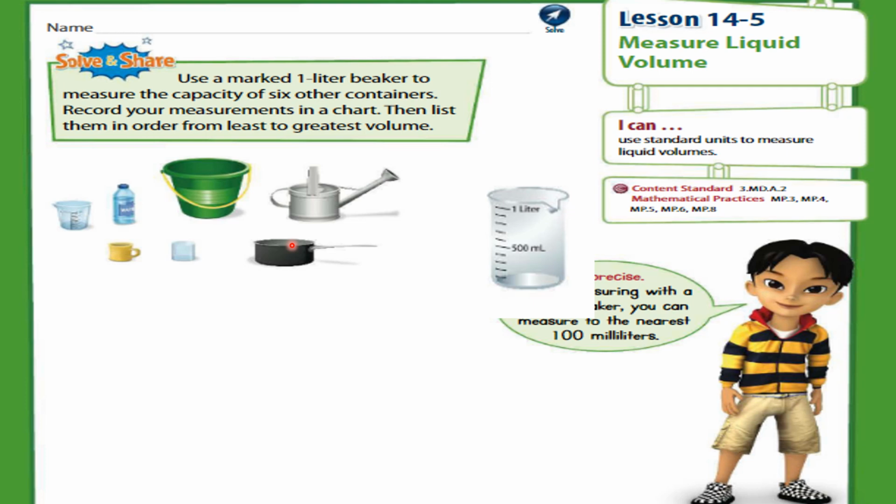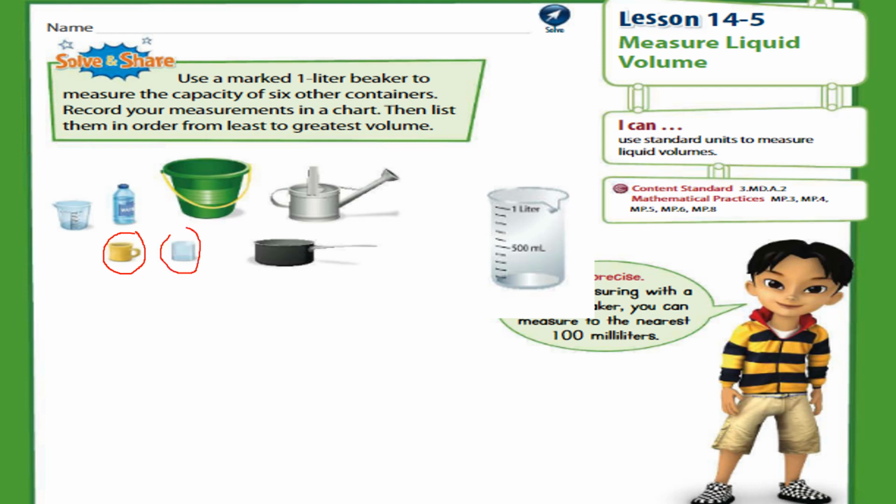If you make a chart, what is the least container among all the pictures? What do you think can hold the least amount of liquid? Quickly tell me. Excellent. This mug seems smaller among all the containers. And after the mug, what is the second smallest container?